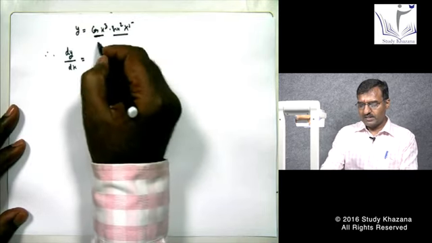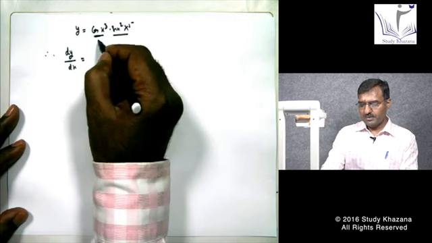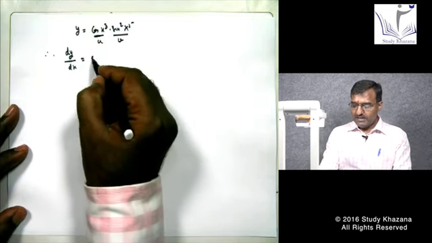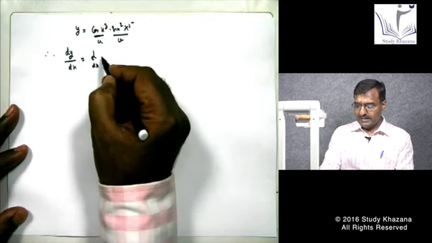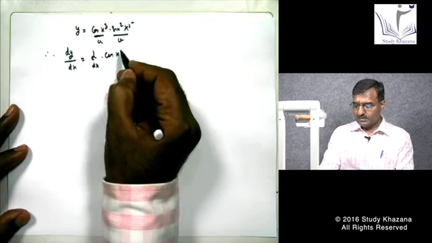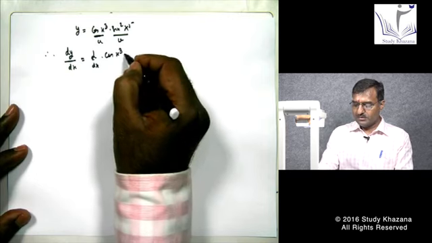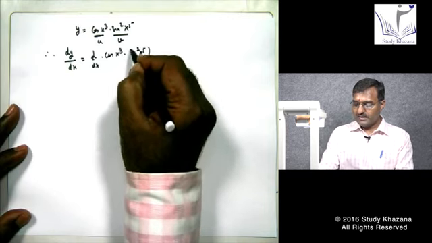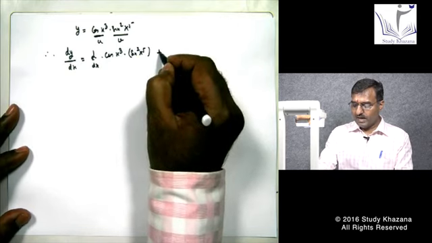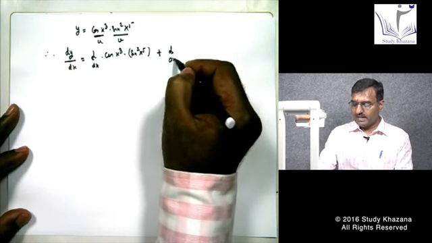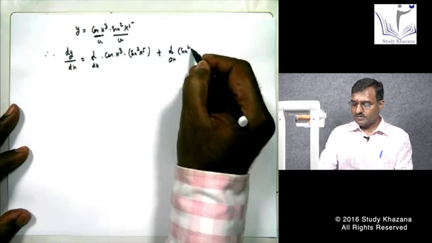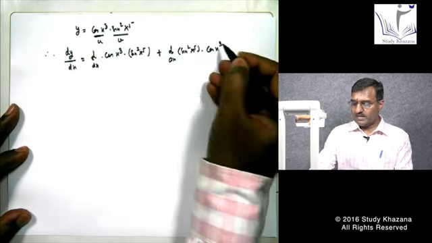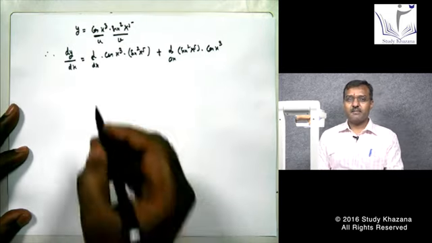First I will apply here the uv rule. What is the uv rule? This is u, this is v. First the derivative of u. So here I will write d by dx of cos x cube into, now this will remain the same, sin square x^5, now plus d by dx of sin square x^5 into, now cos x cube will remain the same.